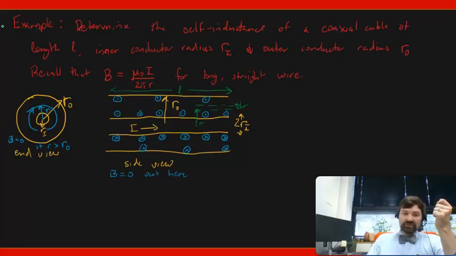So you have field in this region between the two conductors. You don't have any field out here outside of them. The relevant area vector ends up basically just being the area vector that you would see right here.